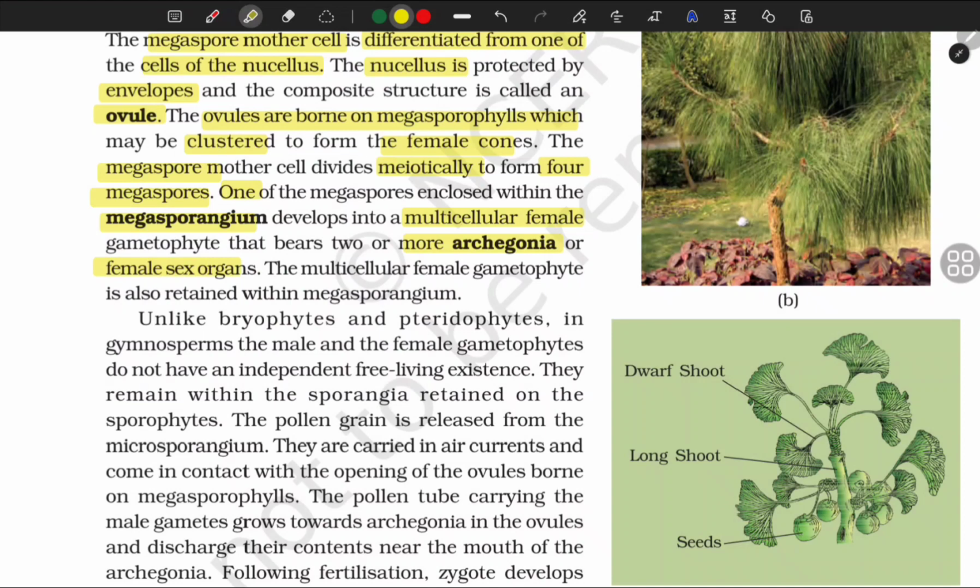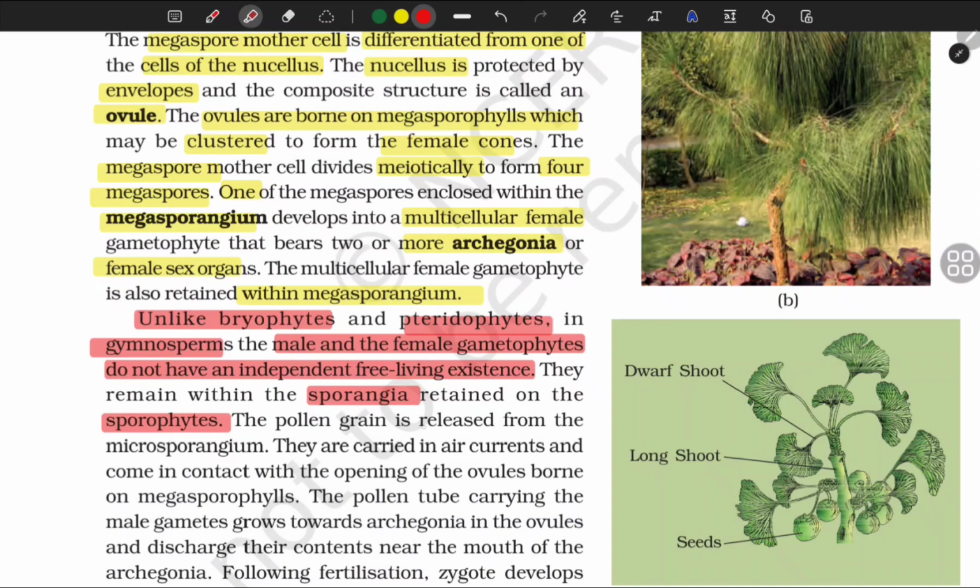The multicellular female gametophyte is also retained within the megasporangium. Unlike bryophytes and pteridophytes, in gymnosperms, the male and female gametophytes do not have an independent free-living existence. They remain within the sporangia retained on the sporophytes.